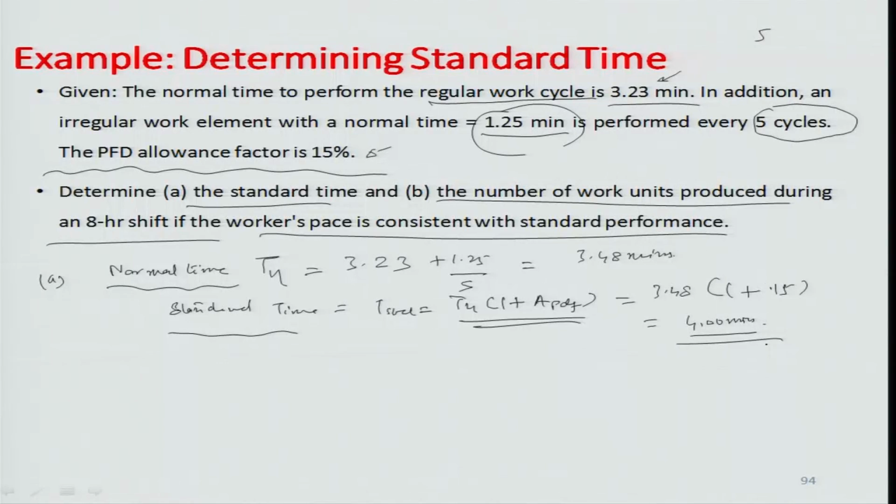And if I wanted to determine how many work units would be produced with standard performance in an 8-hour shift, the total amount of standard work units which can be produced is 8 into 60 divided by 4, which is about 120 work units. So this is how you calculate the standard time as well as the standard performance in terms of numbers produced in a work system.